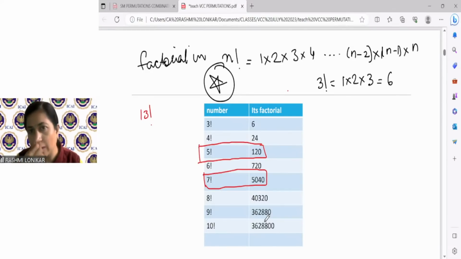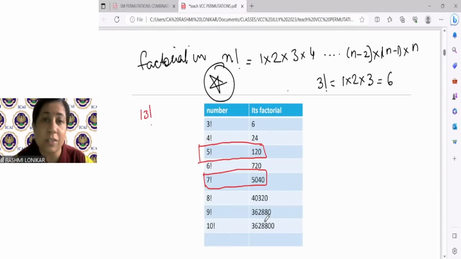Here I have to do 1 into 2, and every time click on the equal to or multiplication sign, only then I get the number. So for that we are going to study the golden rule of factorial. As we solve the problems, I will tell you about the golden rule, which is a very simple rule.